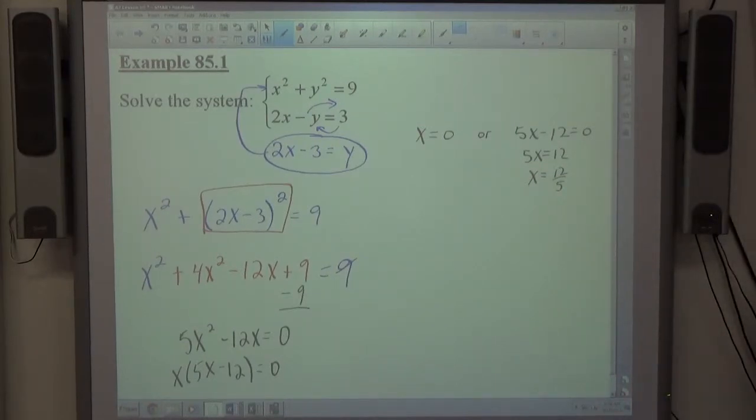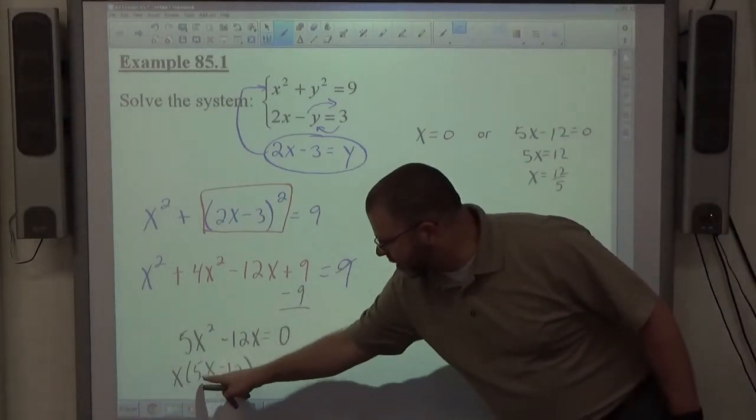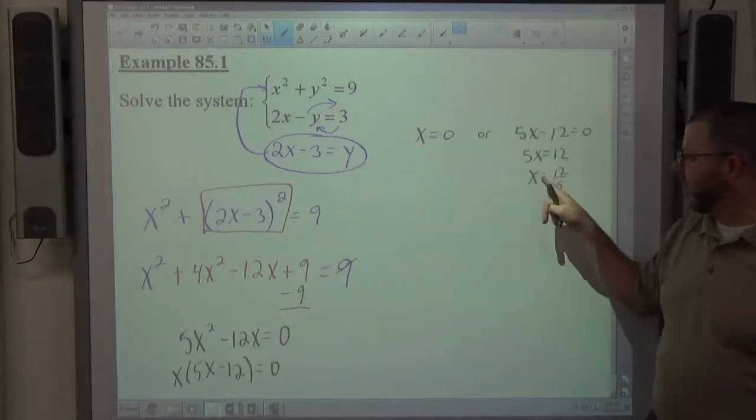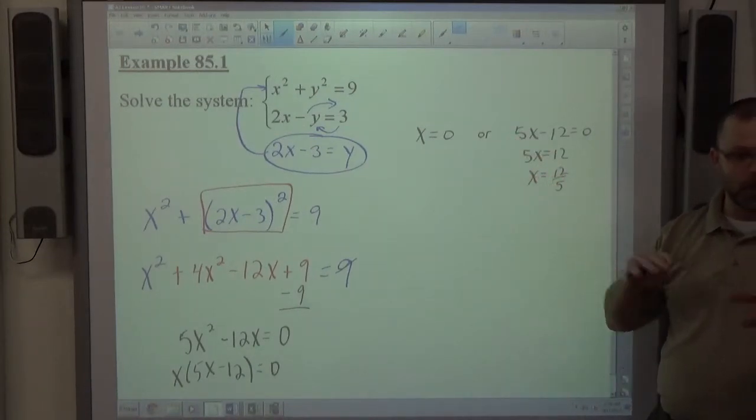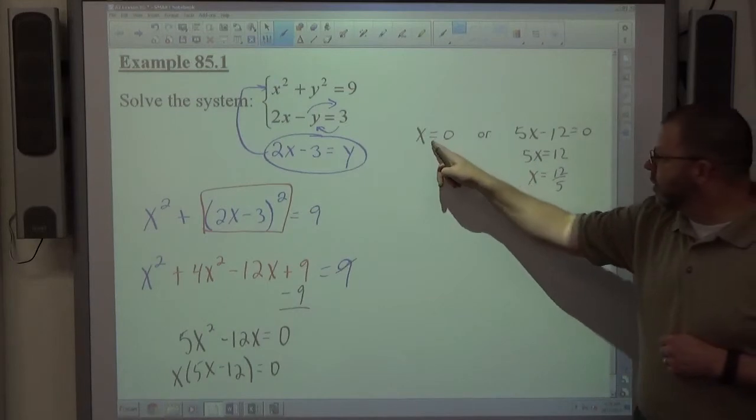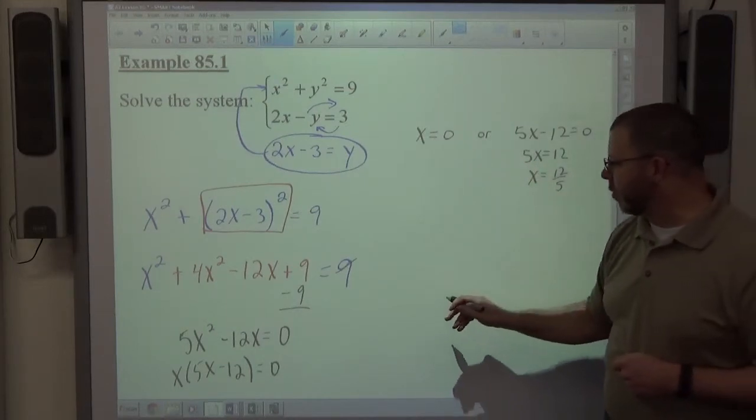All right? Now, when you do these problems with the nonlinear systems, this happens quite often where you get multiple answers. Make sure your variables are not being abandoned in your work. Make sure they're sticking all the way through there. X equals 0, x equals 12 fifths. We're looking for ordered pairs.